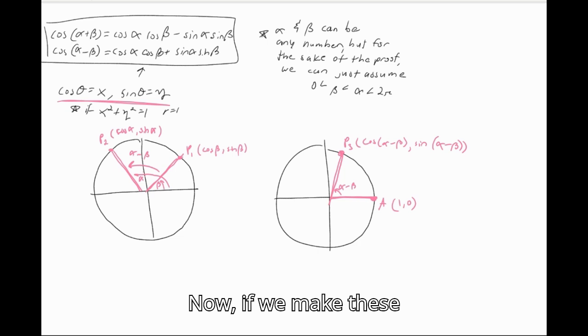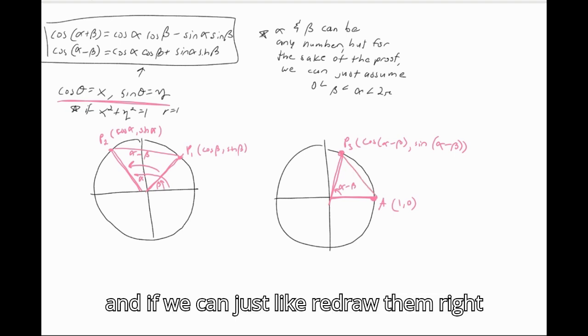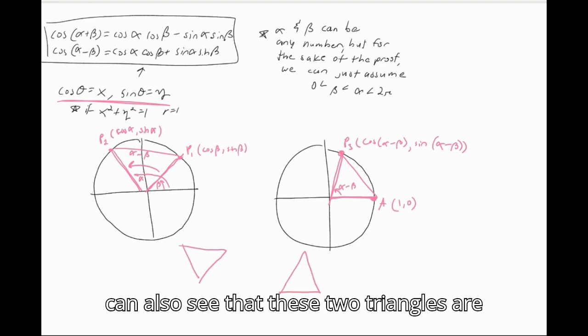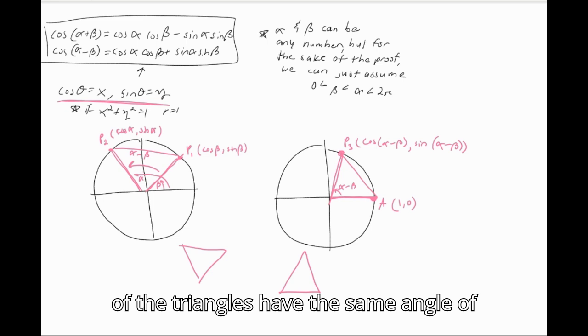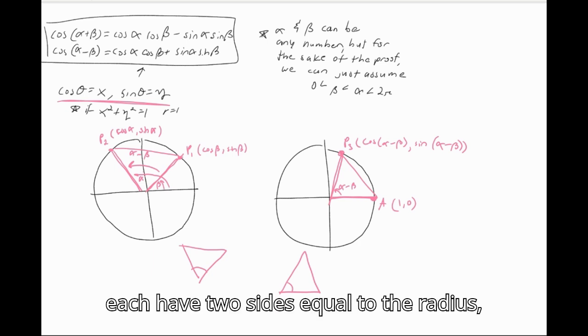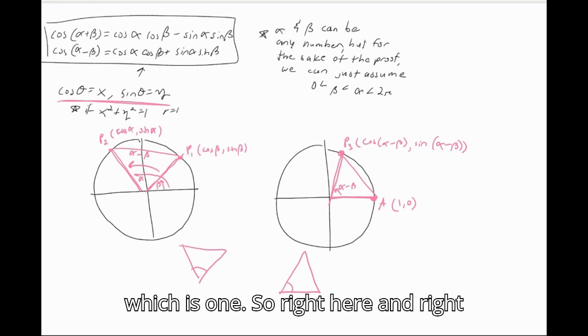Now, if we make these two into triangles, and if we can just redraw them right here, we can also see that these two triangles are going to be congruent. So both of the triangles have the same angle of alpha minus beta, and each have two sides equal to the radius, which is 1.